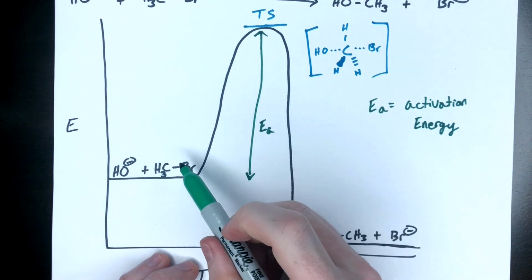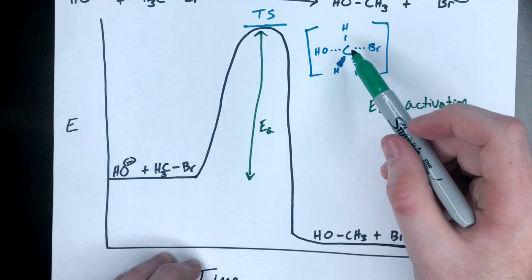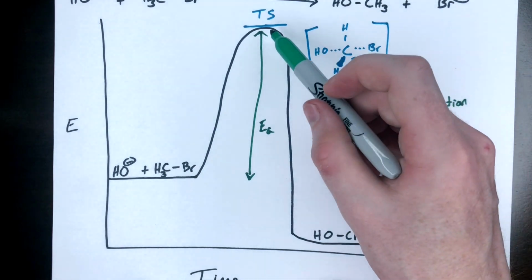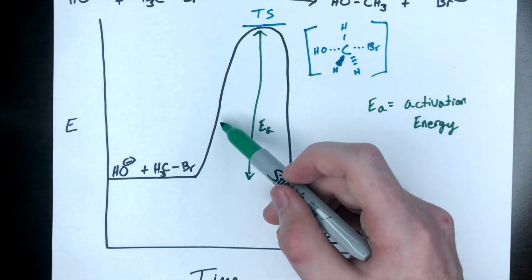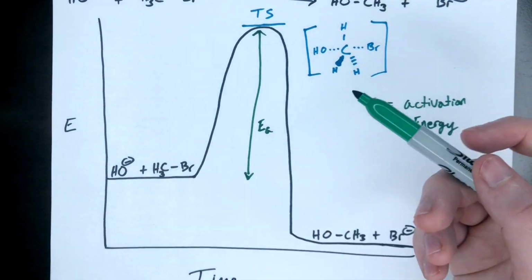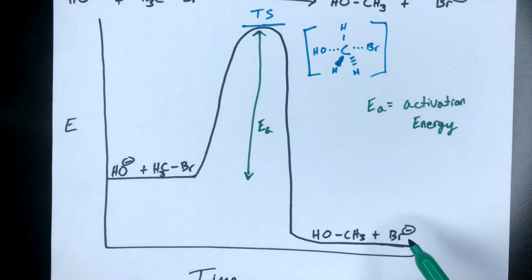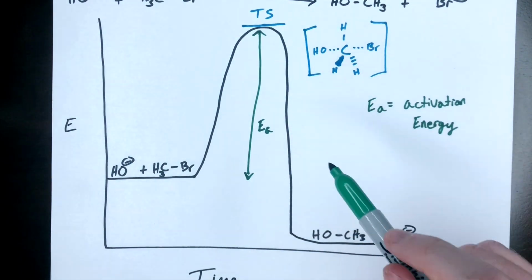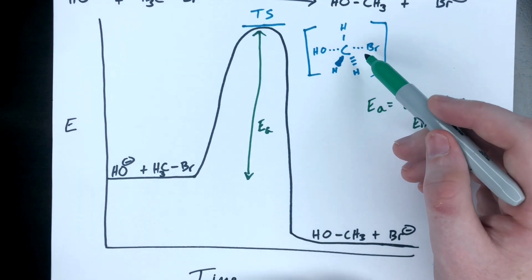So to go from the reactants to the transition state, then the transition state is extremely unstable, and this will immediately collapse down to our products. It could also collapse back to the reactants, which is true, but in this case, the driving force is that these products are more stable, so it will predominantly proceed in the forward direction once we get to this transition state.